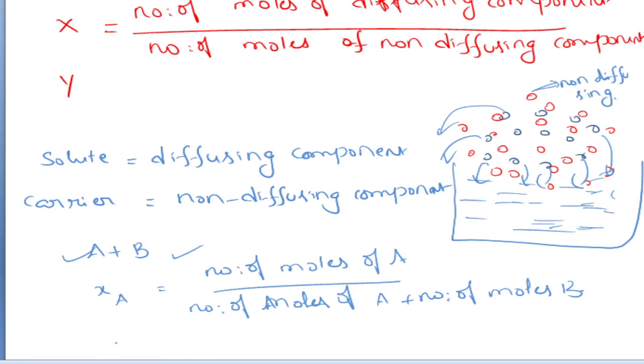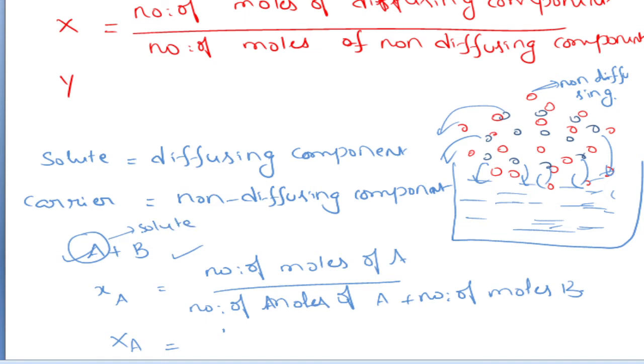Now, if I want to write down the formula for capital XA, that means the mole ratio of component A, first of all I need to define which is the diffusing component and which is the non-diffusing component. If I assume that component A is the component which is transferred from the gaseous phase to the liquid phase, that means it is the solute.